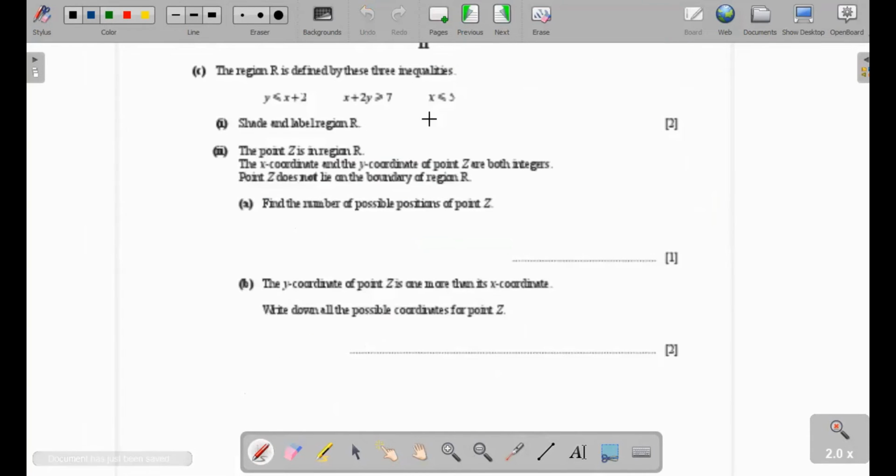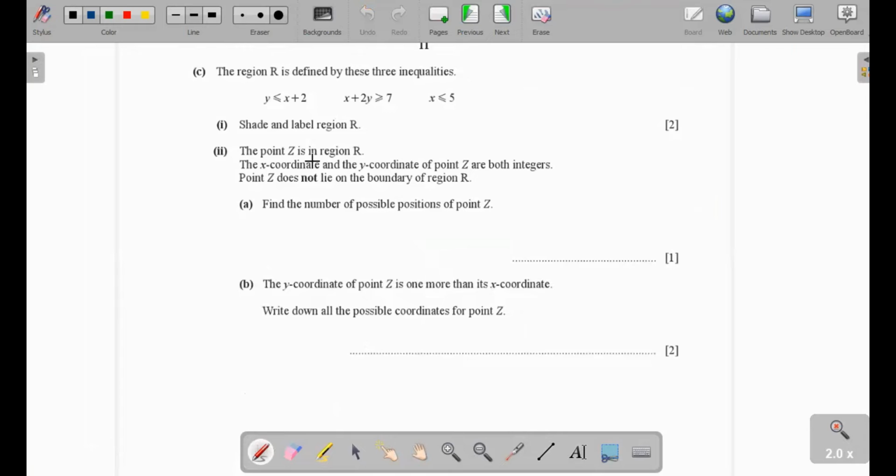Now next part. The point Z is in the region. The x coordinate and y coordinate of Z are both integers. Point Z does not lie on the boundary of the region. We have to find the point Z. These are the integer points.